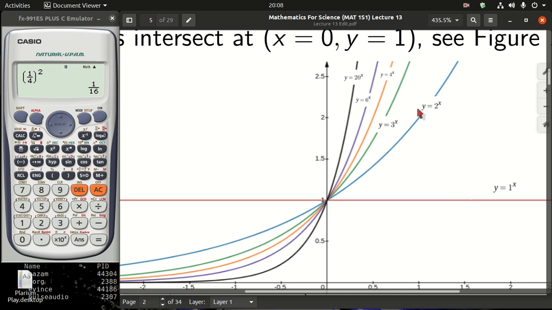And if you look at y is equal to 20 to the power x, it is very close to the y-axis compared to this, because this 20 is bigger than all of them. But this side, as this is pushed close to the y-axis, it is actually bending towards the x-axis down there.